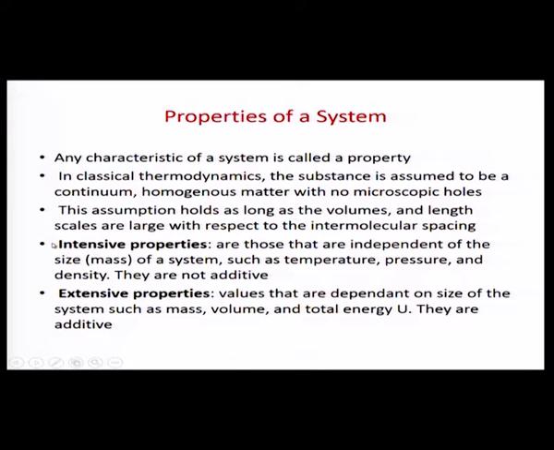Coming to the properties, there are two types of properties that deal with the system: intensive properties and extensive properties. Intensive properties are independent of the size or mass of the system. Temperature, pressure, and density are examples of intensive properties, and they are not additive.